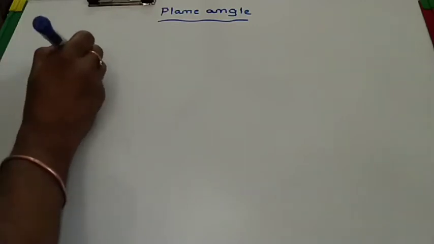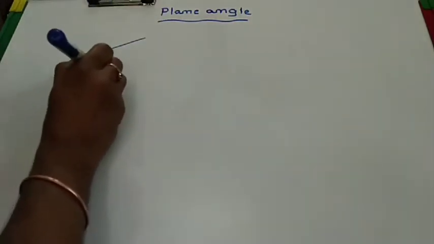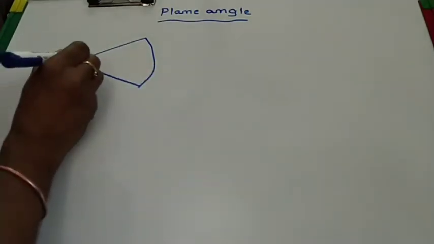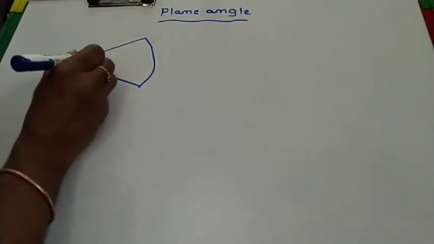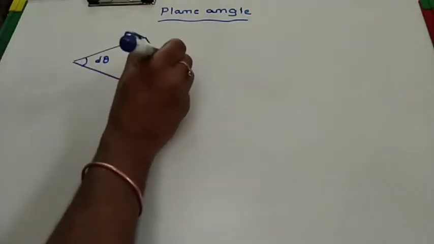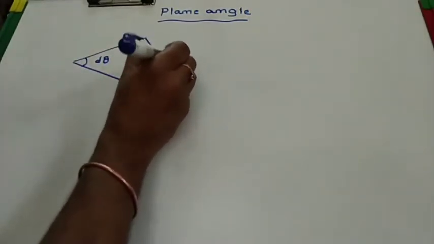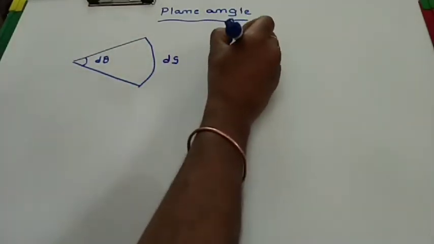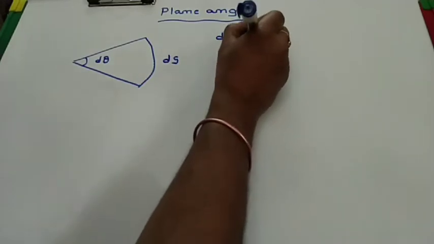Now take an arc. It is an arc. Consider it is d theta. Now it is ds. Here ds is equal to the length of the arc.